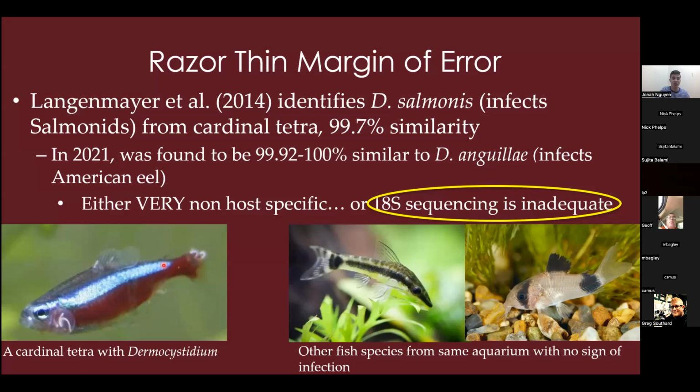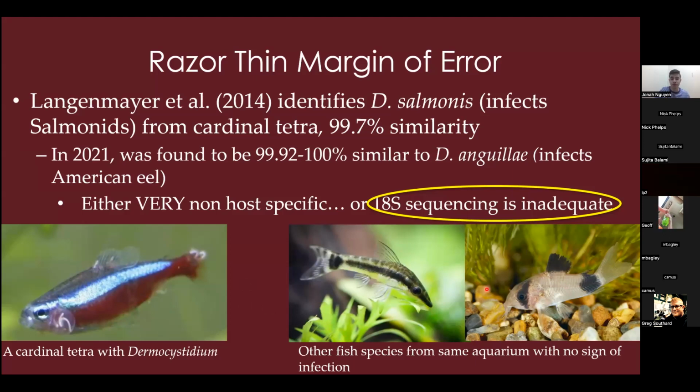So for example, in a fish tank with a cardinal tetra, these other fish species, I've read quite a few anecdotes from aquarists keeping fish. These don't get Dermocystidium, at least not visibly, maybe histopathologically, but there's no visible signs of it. Other tetras, like emperor tetras or neon tetras, those might get it from the cardinal tetra, but these wouldn't.